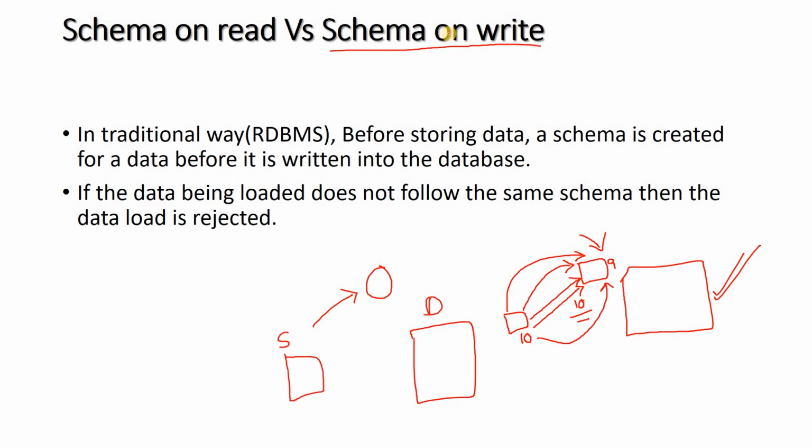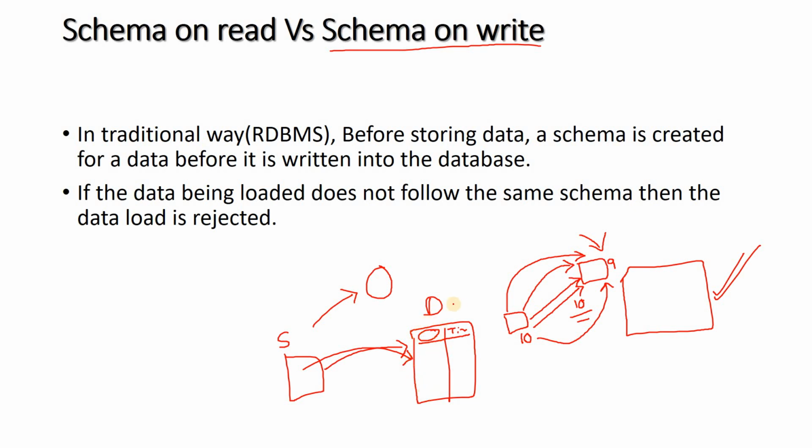Instead of following the schema on write approach, whatever data comes from the source system, even if the schema changes with time, that does not matter, put all of it in a particular column. Maybe you can specify a timestamp for when the data is loaded, and only one column is there. In that column, all the data you load.